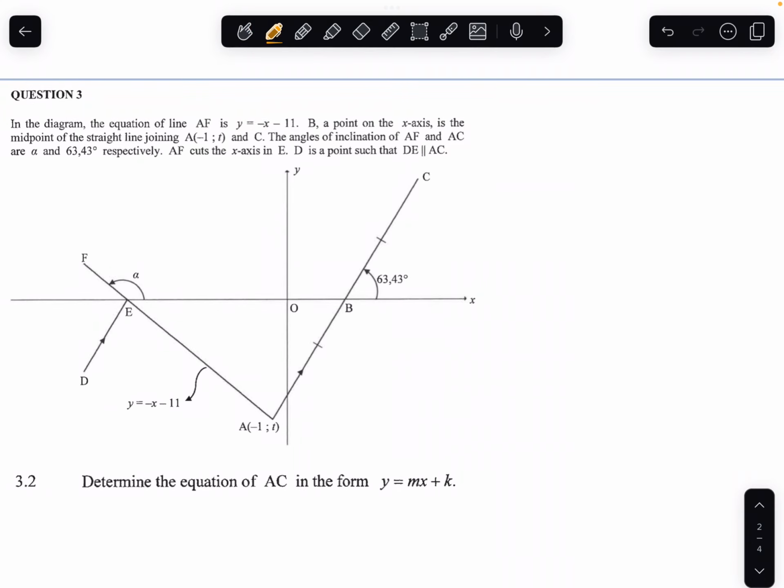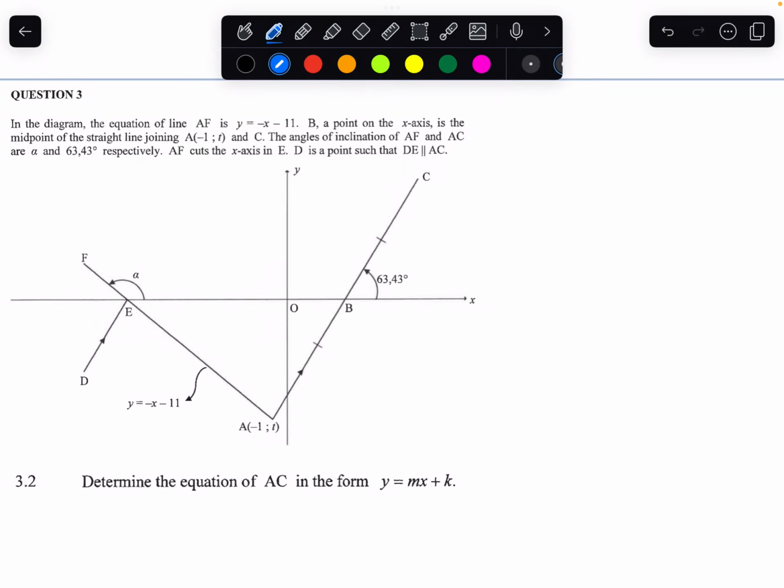I'm just going to fill in what we found out on the last. So we found out that t is equal to -10. We found out that alpha is 135 degrees, and that the gradient of this line is, we're going to use 2. Okay, right.